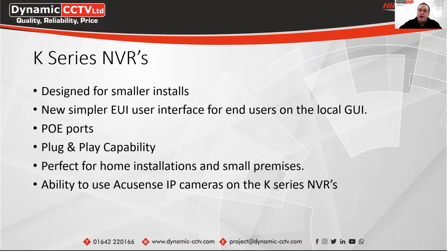These units also have PoE ports on the back of the units, so predominantly used in a plug and play method. So you'd have your Cat5 cable from your IP camera, and that would connect straight into the PoE port on the back of the recorder.